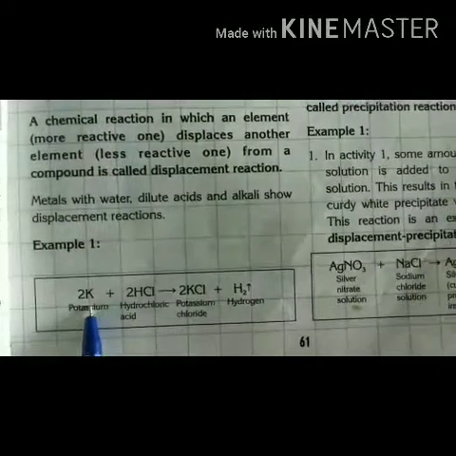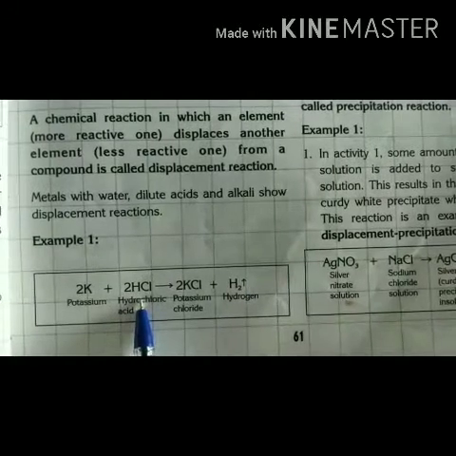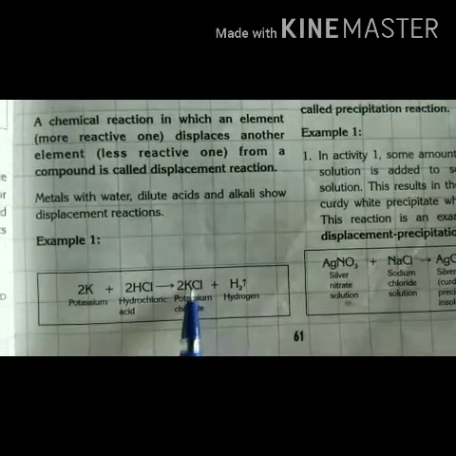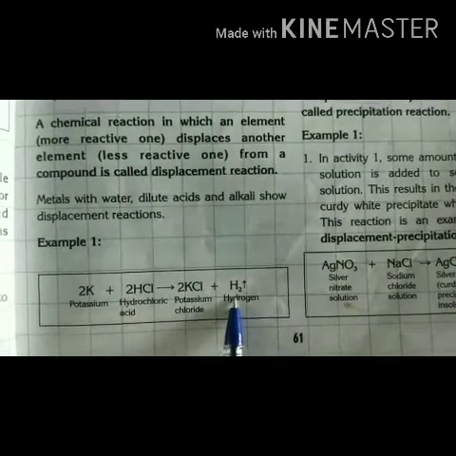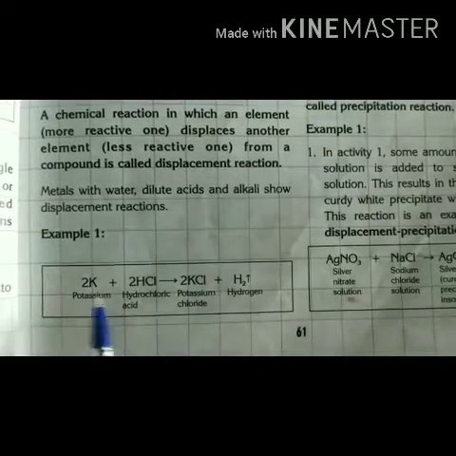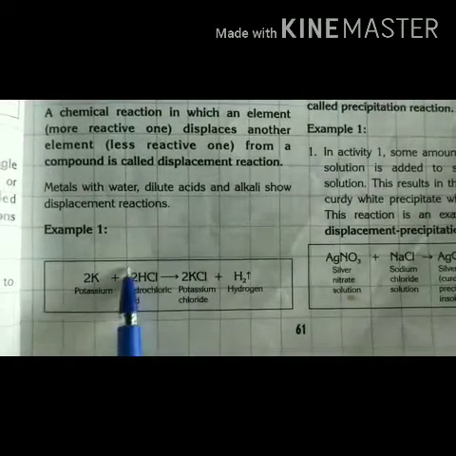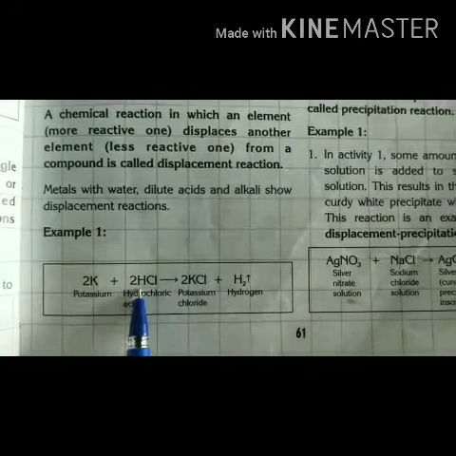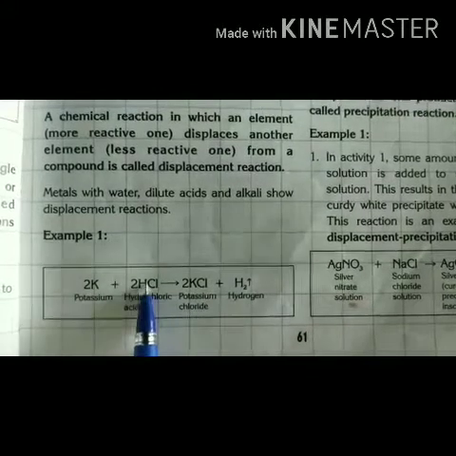Here is the example. Potassium combines with hydrochloric acid, giving potassium chloride and hydrogen. Initially we were taking hydrochloric acid, and the formula of hydrochloric acid is HCl.